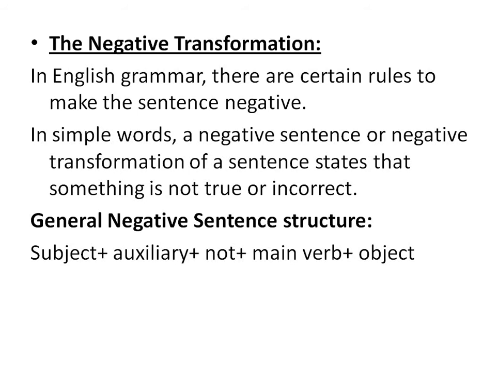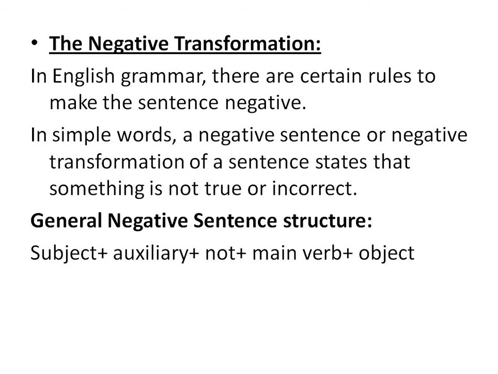Now, done with the passive transformation, now we are going to study the negative transformation. That's how in English grammar the sentences are changed into negative ones. We normally speak positive sentences, that I do this, they do, I do, we do.